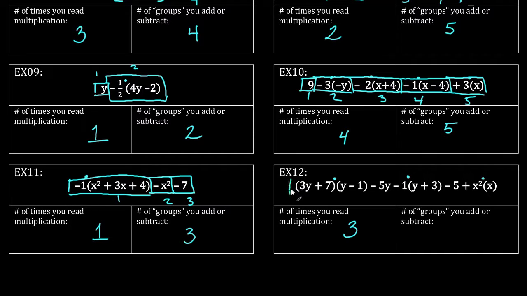So we get 3y plus 7 times, remember that glues these two together, y minus 4, minus 5y, minus 1 times y plus 3, minus 5, plus x squared times x, remember they glue it together, 1, 2, 3, 4. 4 groups. That's it. Thank you.